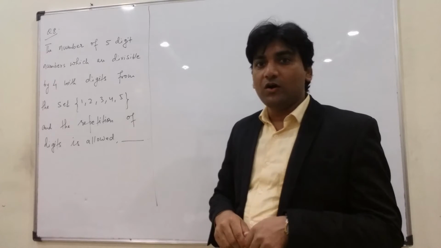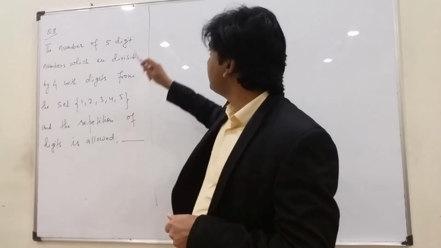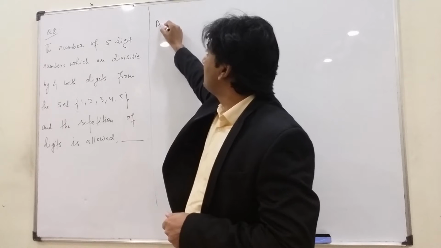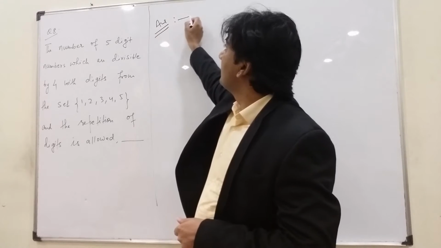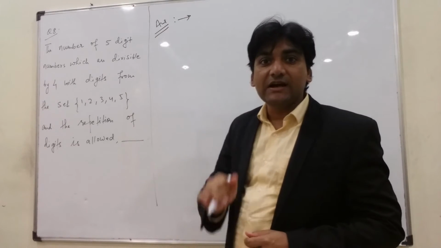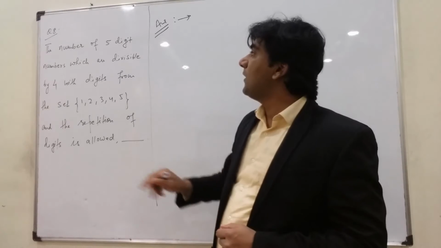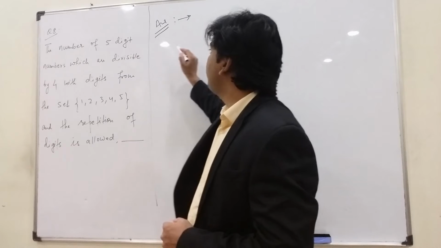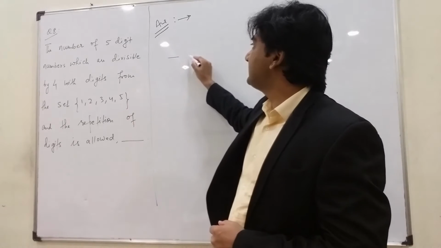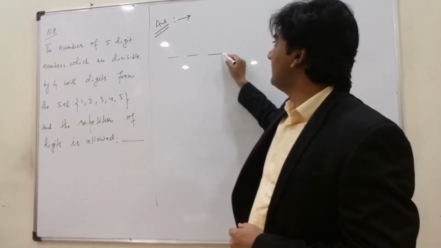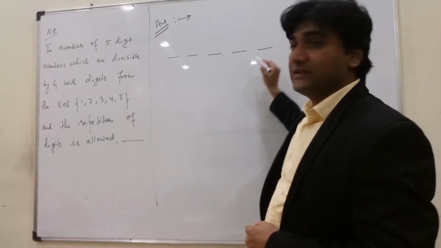So if I recall, the numbers which are divisible by 4, for those numbers the last 2 digits are also divisible by 4. So we need to form 5-digit numbers. For example, this is the first digit, second, third, fourth and fifth.